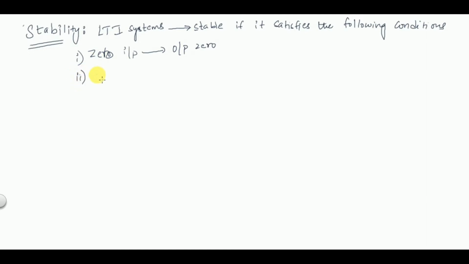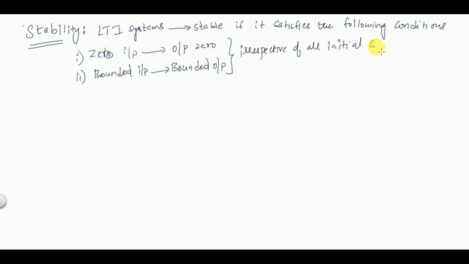Second, if a bounded input is given to a system, then it should produce a bounded output, irrespective of all initial conditions. Such a system is said to be a stable system.